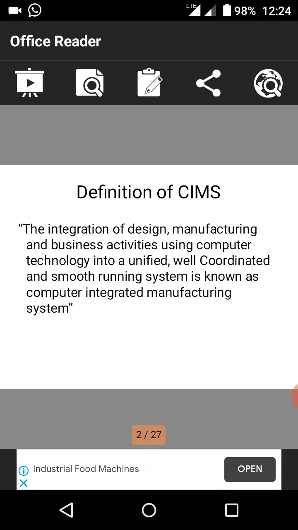So all these NC machines are controlled by one computer, automated, numerically controlled. A group of NC machines are connected with the automatic material handling system to operate under single computer control. So under a single computer, this group of NC machines will work.